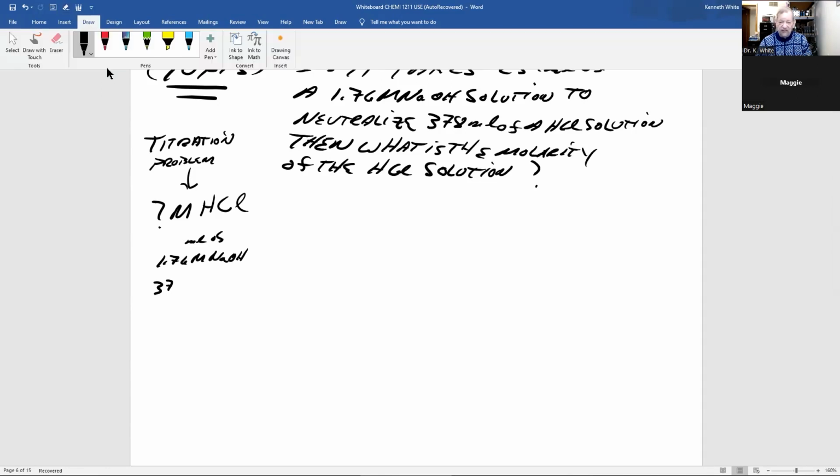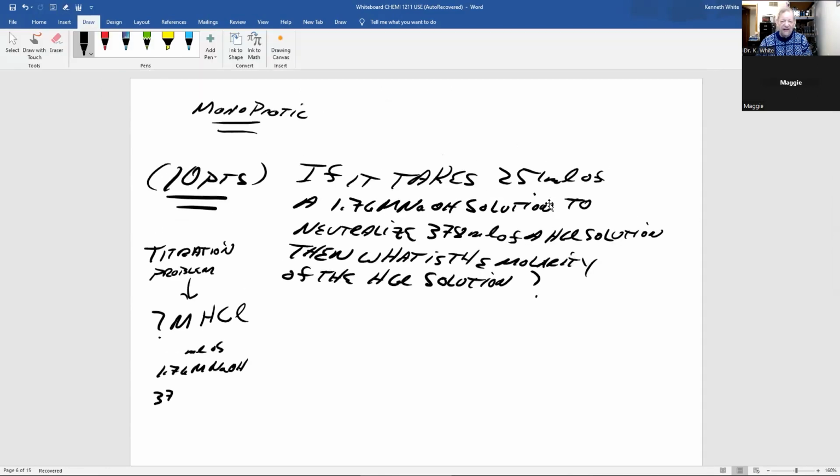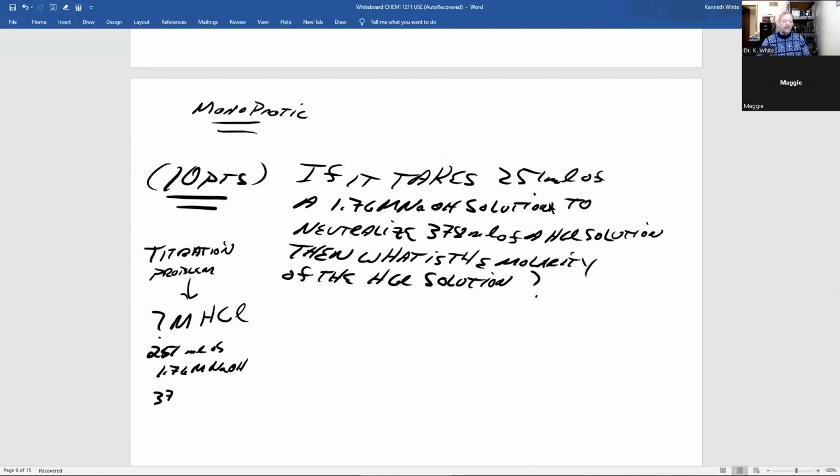And this is where it pays to show your work. If you had done that, this should be 251. You have 251 milliliters of a 1.76 M NaOH solution. And you're neutralizing 376 milliliters of the HCl solution.